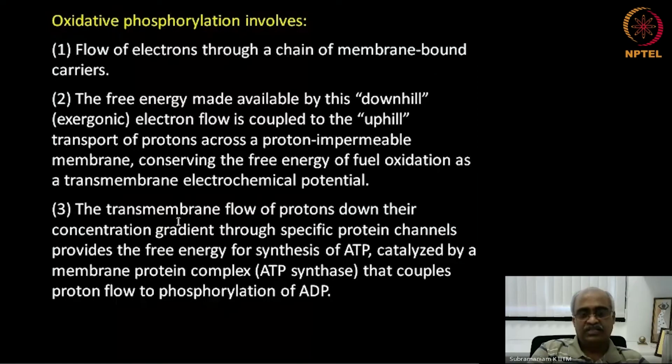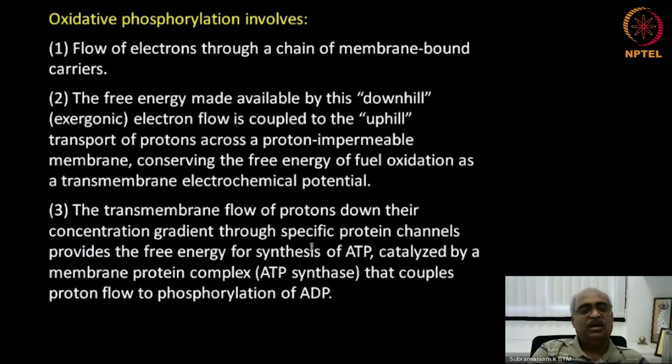And at the third step, the transmembrane flow of protons down the concentration gradient, the gradient being built by step 2, is coupled by this enzyme ATP synthase, a really fascinating enzyme, and we are going to look at its structure and its mechanism of catalysis, and that is used for making ATP by this protein ATP synthase.